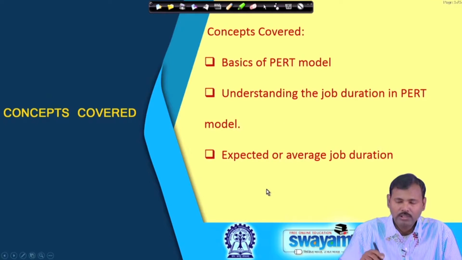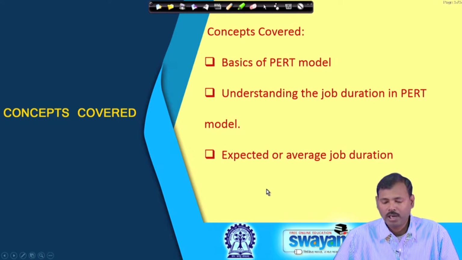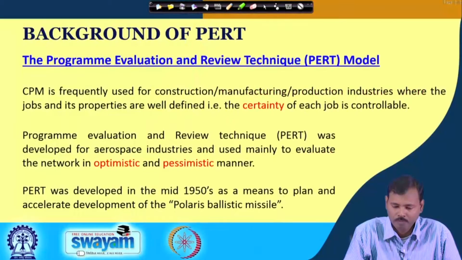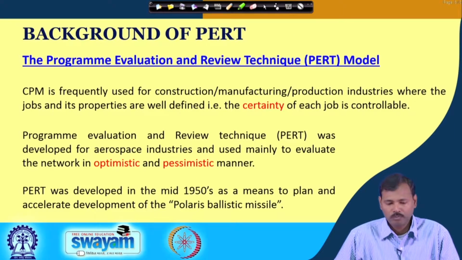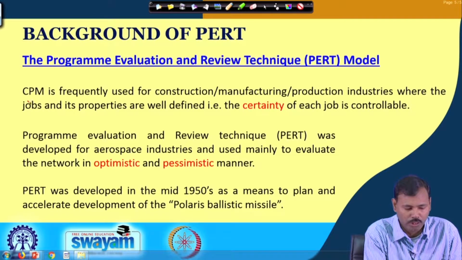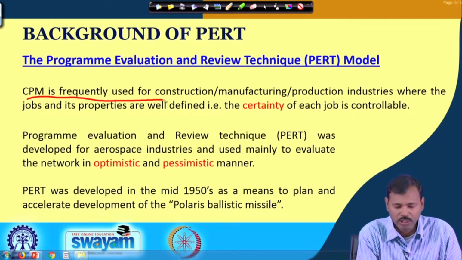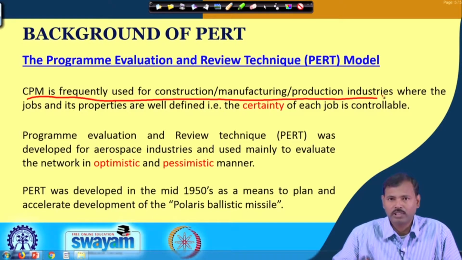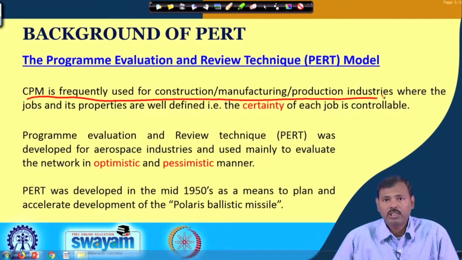Let us go into the introductory part of the program evaluation and review technique. First, let us see its domain of application. Generally, the critical path method is frequently used for construction, manufacturing and production industries, which are mostly machine driven. Suppose we need to heat some chemical for a particular time, something like programming a microwave heating.